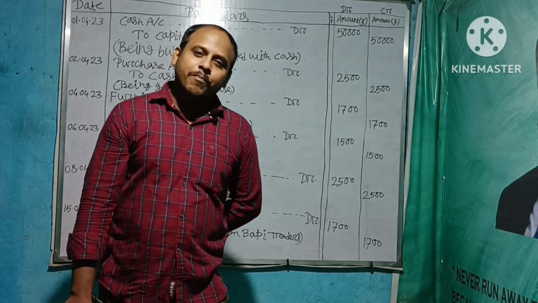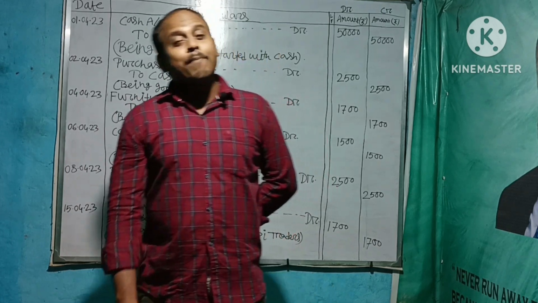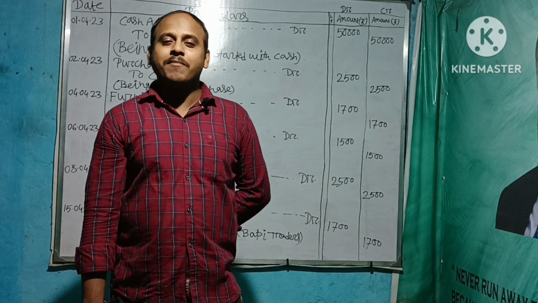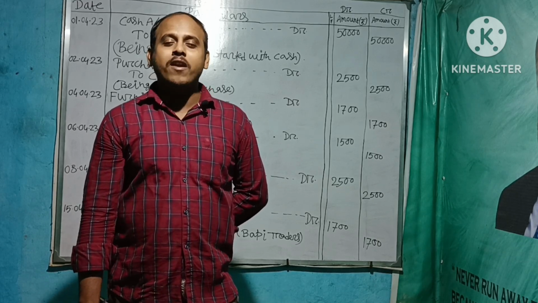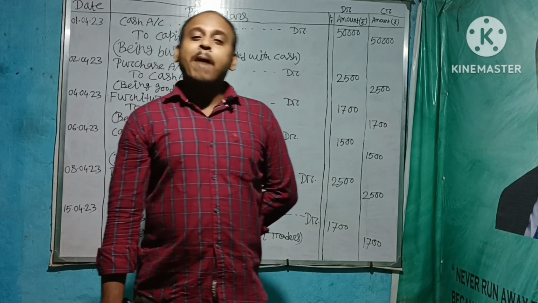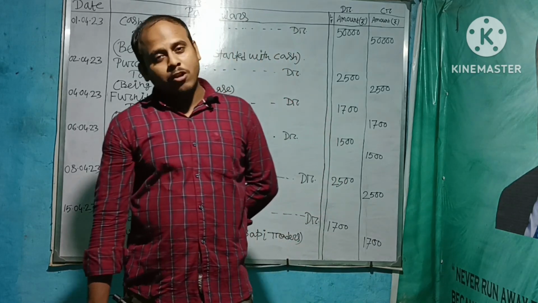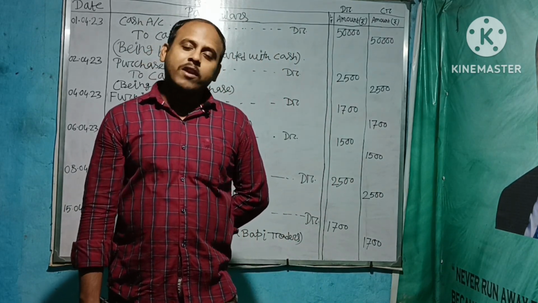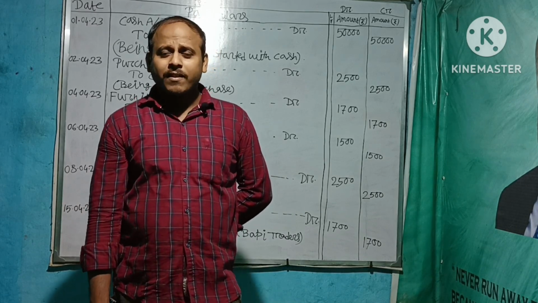In case of buying or selling, if a party name is mentioned but cash is absent, then this entry is passed on credit. But if a party name is mentioned and cash is also mentioned, then we assume the transaction is on cash.